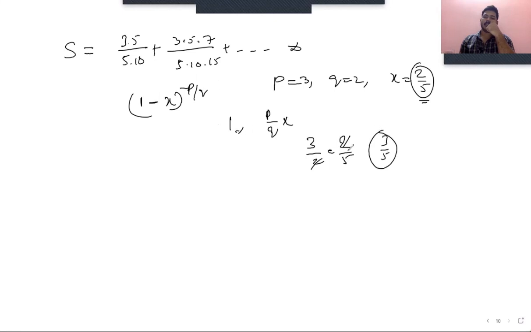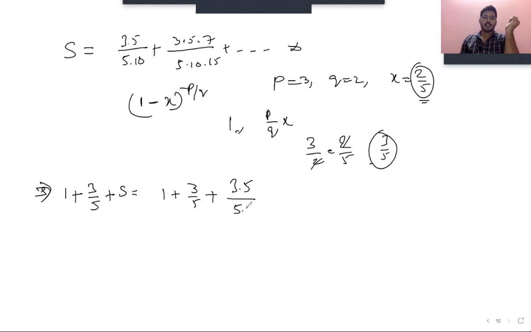So we'll add these two terms on both sides. So if you add these two terms on left and right hand side, 1 plus 3 by 5 plus s equal to 1 plus 3 by 5 plus 3 into 5 by 5 into 10 plus 3 into 5 into 7 by 5 into 10 into 15 plus and so on up to infinity.